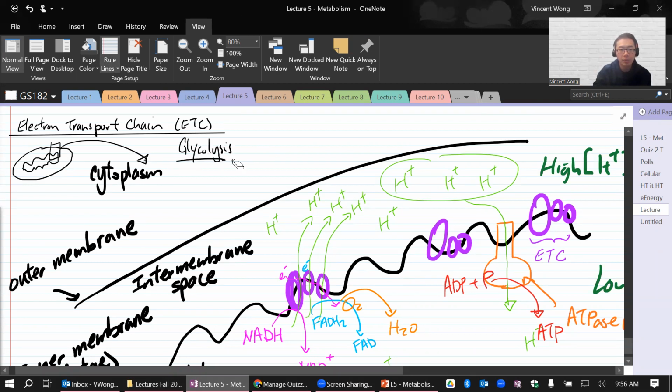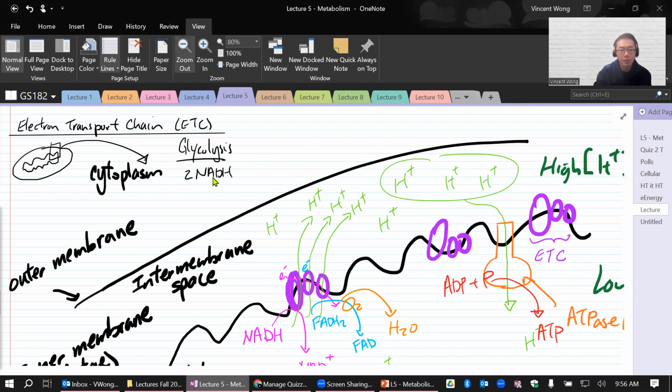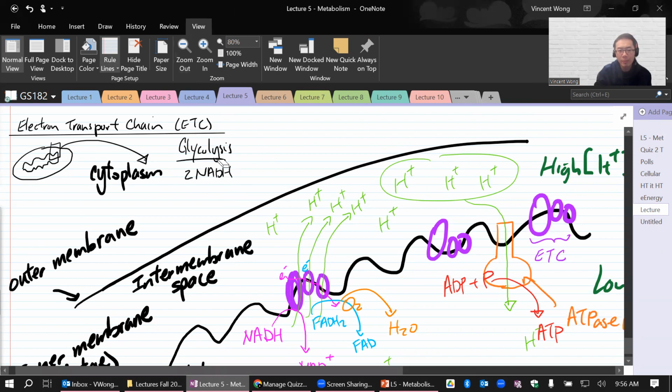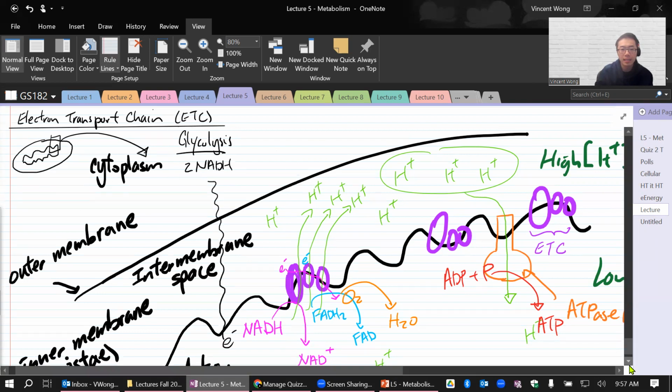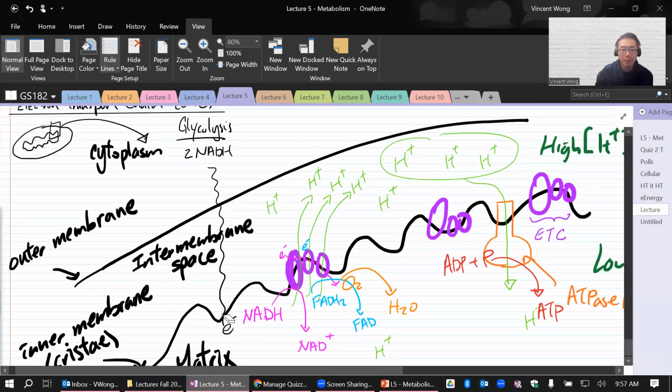So when you make the NADH in glycolysis, the 2 NADH are actually very big, and they cannot pass through the 2 membranes to go into the matrix. NADH is not able to go through. So instead of passing through the 2 layers of membrane, it will only pass the electron through. Something else has to pick it up in the matrix, and that would be FAD.